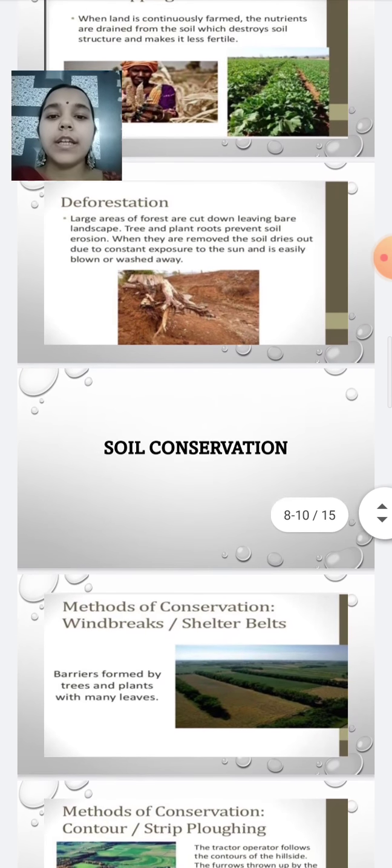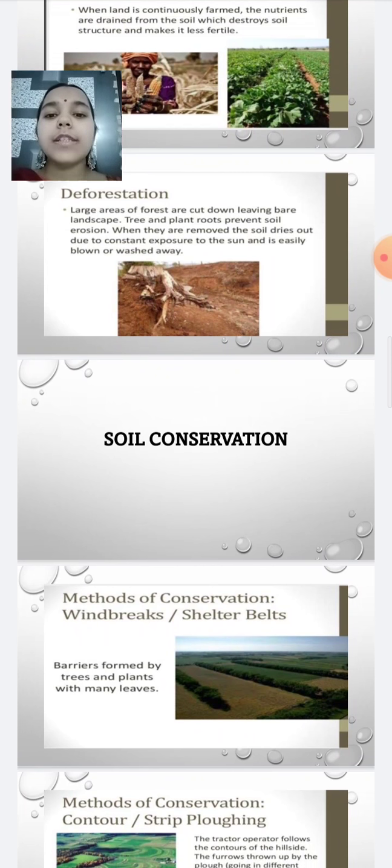Next is deforestation. Large scale areas of forest are cut down, leaving bare landscape. Tree and plant roots prevent soil erosion. When they are removed, the soil dries out due to constant exposure to the sun and is easily blown or washed away. As we know, cutting down of trees is known as deforestation.